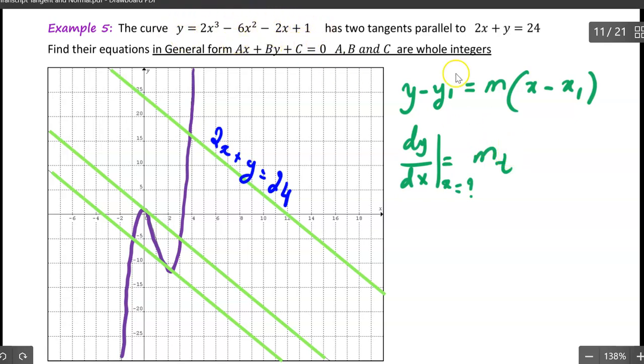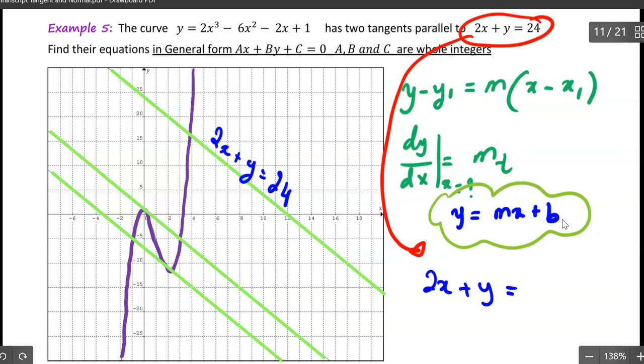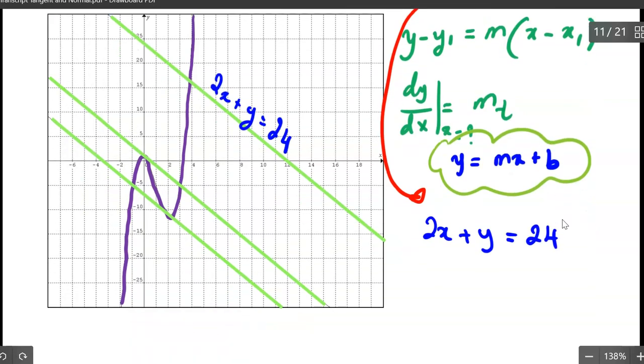Before I differentiate, I might as well pull this equation out and immediately manipulate it to get y = mx + b. This is the one that I want to remind everyone. If I write this as mx + b, I have 2x + y = 24, so y = -2x + 24.